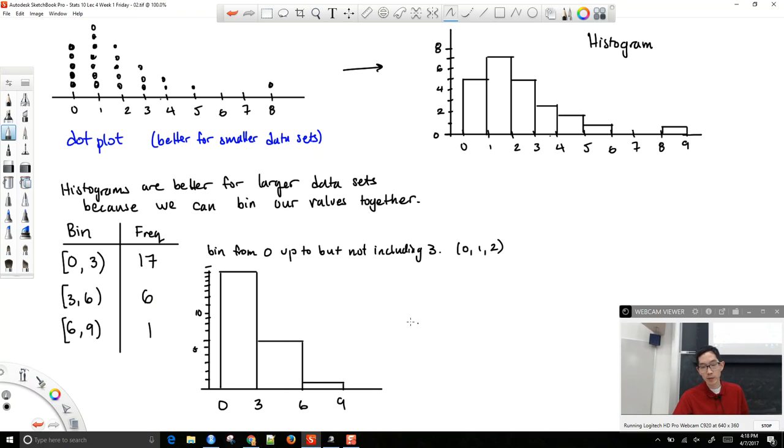Okay, so if our values are spread out all over the place, binning is useful. So for example, the school populations.